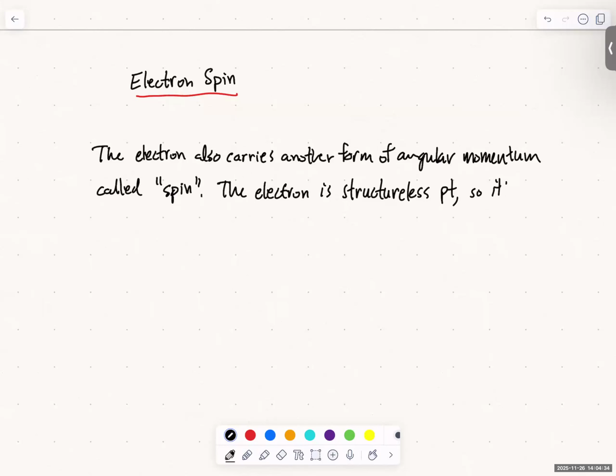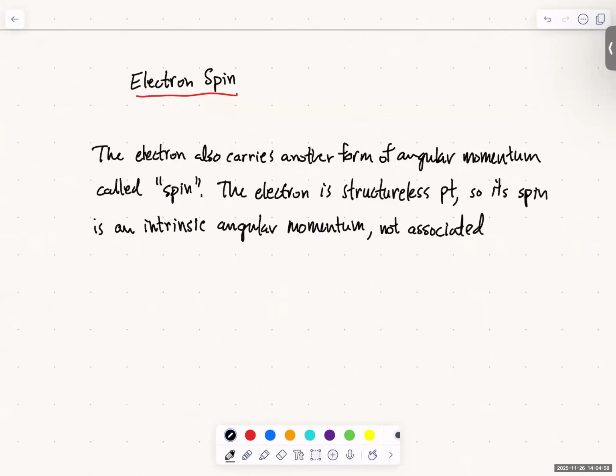So its spin is an intrinsic angular momentum that's not associated with its motion in space.